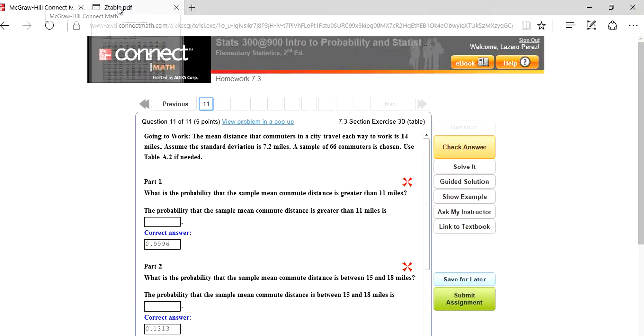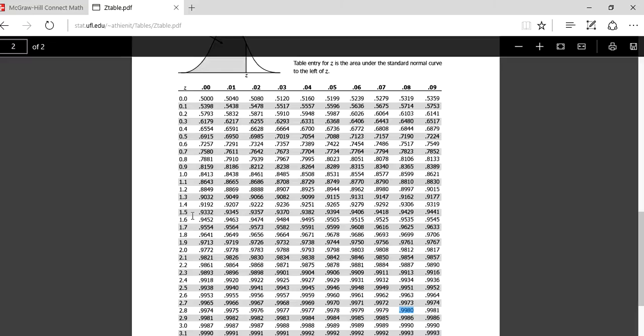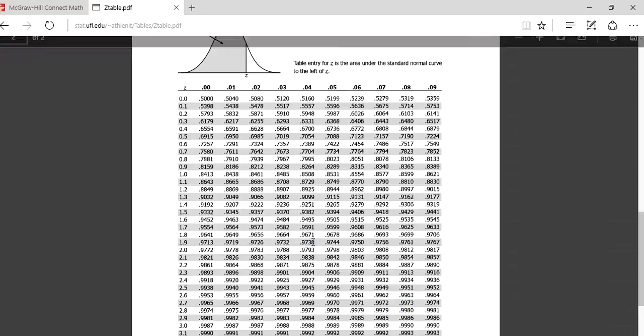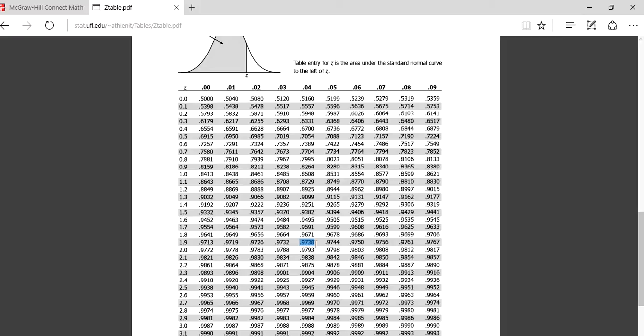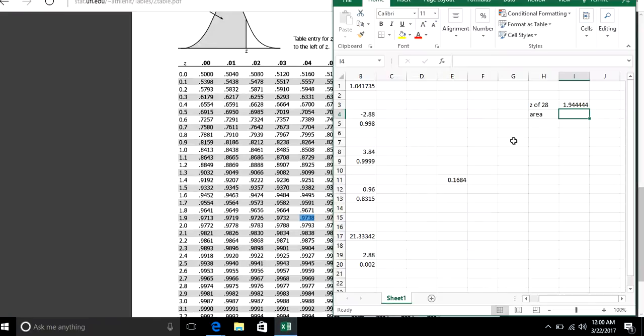So 1.94 on the table. 1.94. All right, so 0.9738.